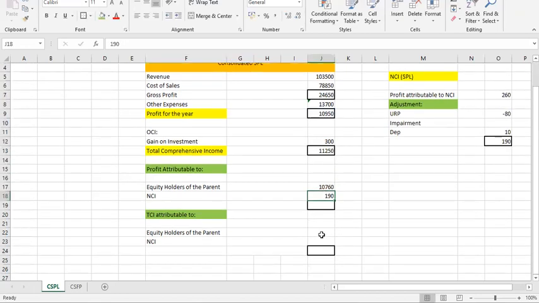Similarly, total comprehensive income is exactly the same, so it will be 11,250. And the NCI does not have any share of the gain because it was of the parent. So this is how we have prepared our consolidated statement of profit or loss.